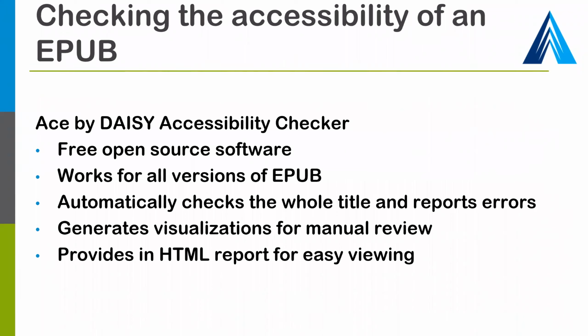So checking the accessibility, the DAISY Consortium has released an open source tool, the accessibility checker for Epub. It's free, open source, and has been integrated into the publishing workflows so that they can check the accessibility of their Epub before they release it into the market.